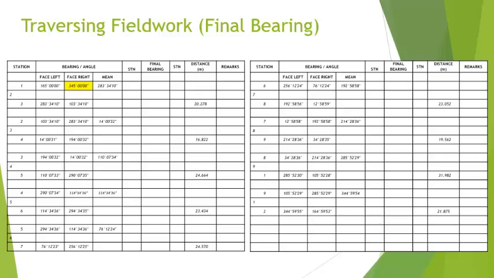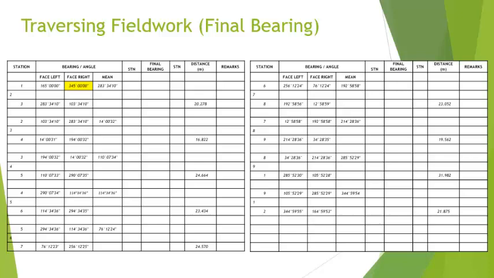Thus, the correction applied must be an addition to each mean bearing. Towards the last mean bearing, the final bearing will be the same as datum because the value of correction is accumulative. The correction accumulates and reaches its maximum value at the last bearing.